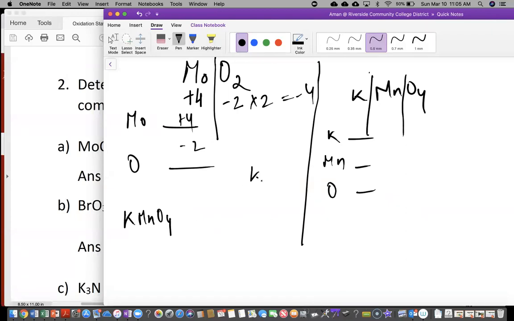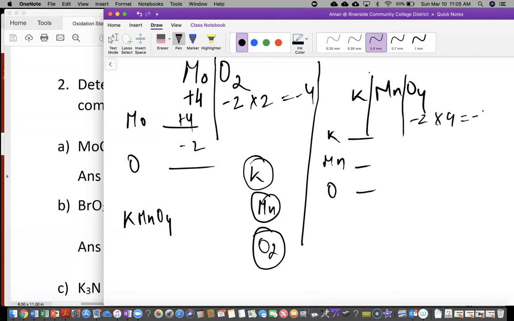A K sitting by itself, that's by itself. Mn sitting on its own, that's by itself. Oxygen sitting by itself, that's on its own. But when it's KMnO4, then they're not by themselves. So when you see KMnO4, guys, you know the oxygen, right? It's going to be negative 2 times 4, so negative 8.